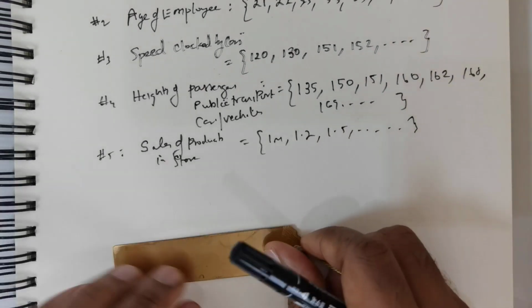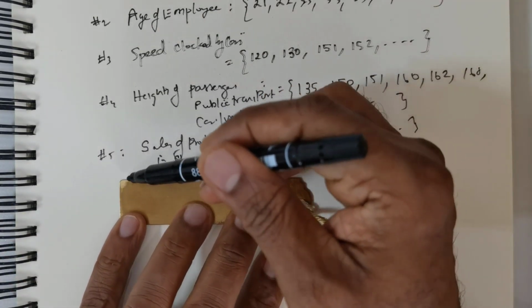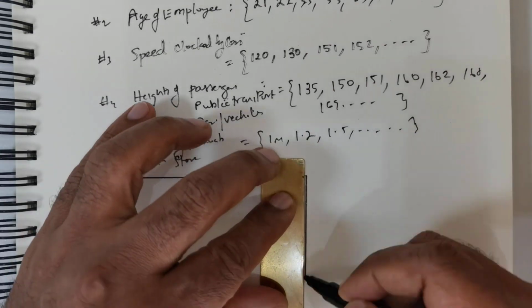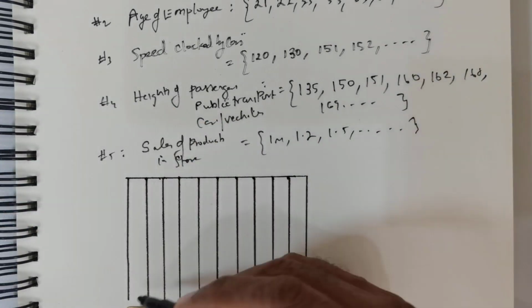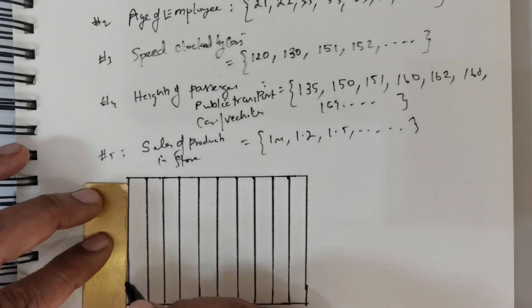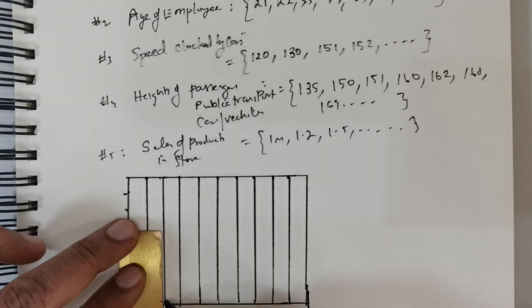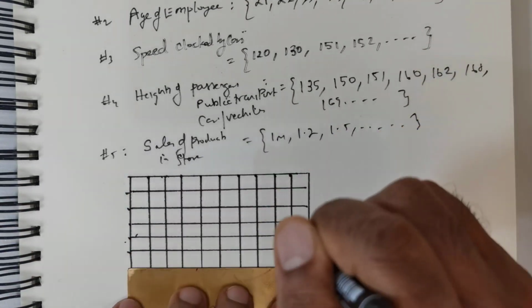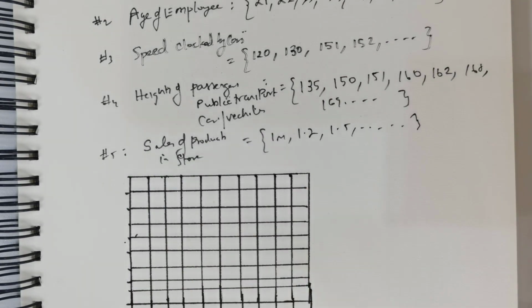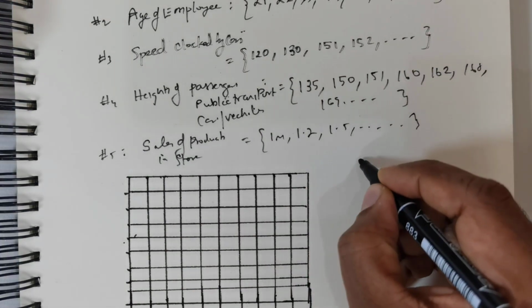Now I'm going to give a distribution of data. I will draw the table first. So I gave you the list of cars.